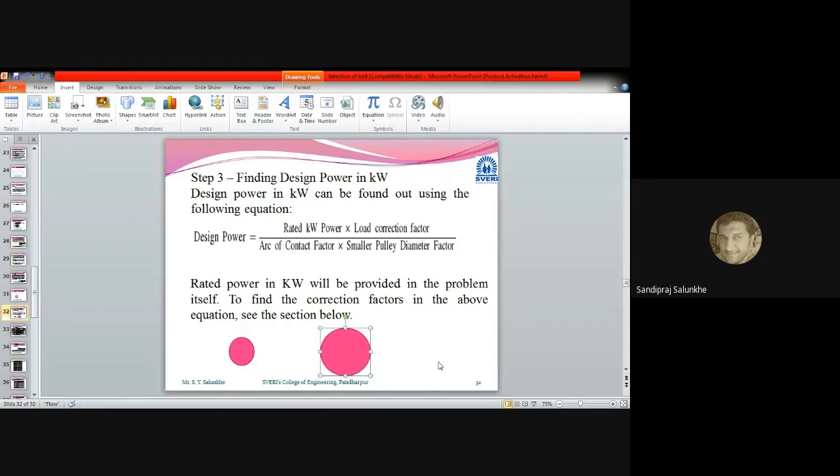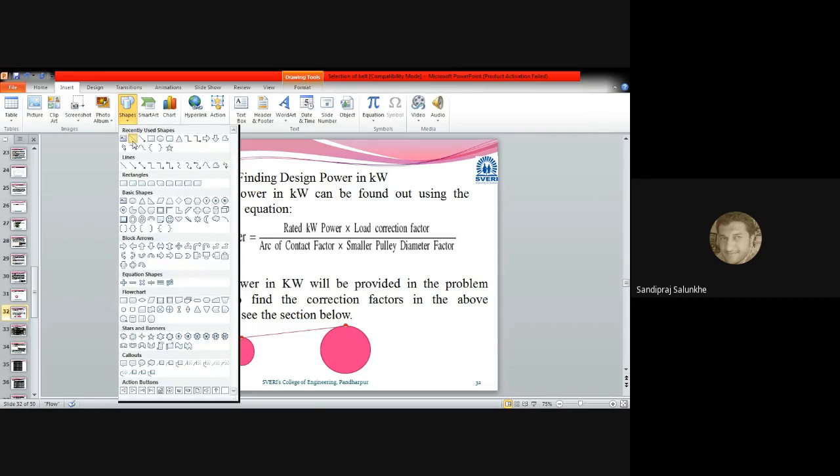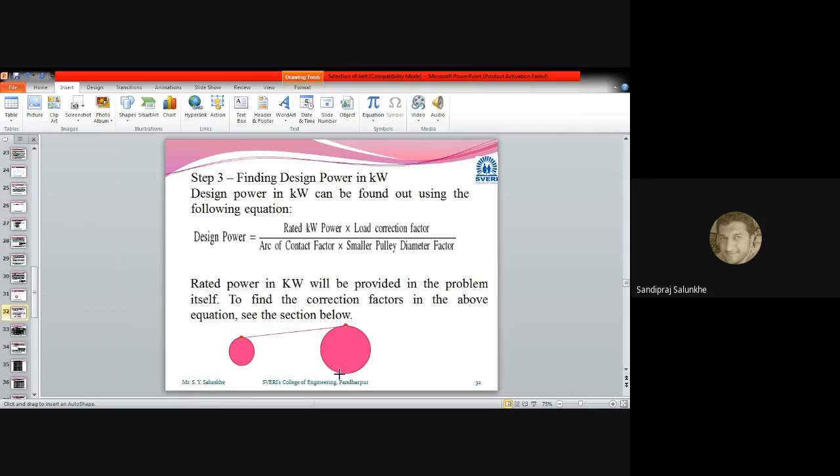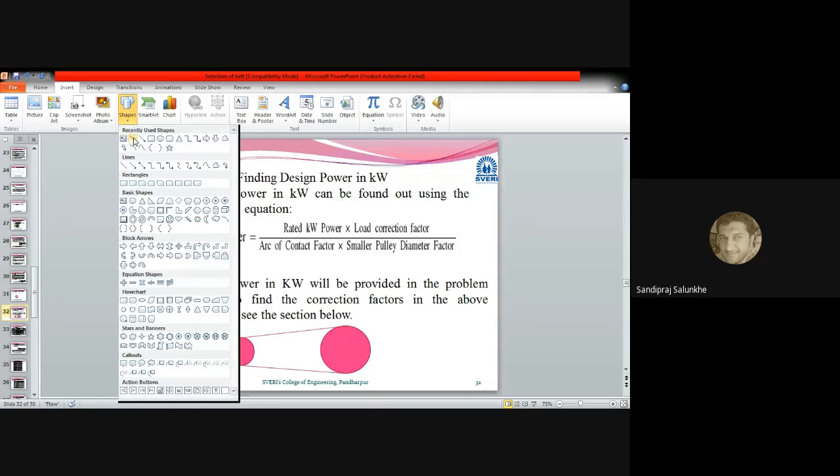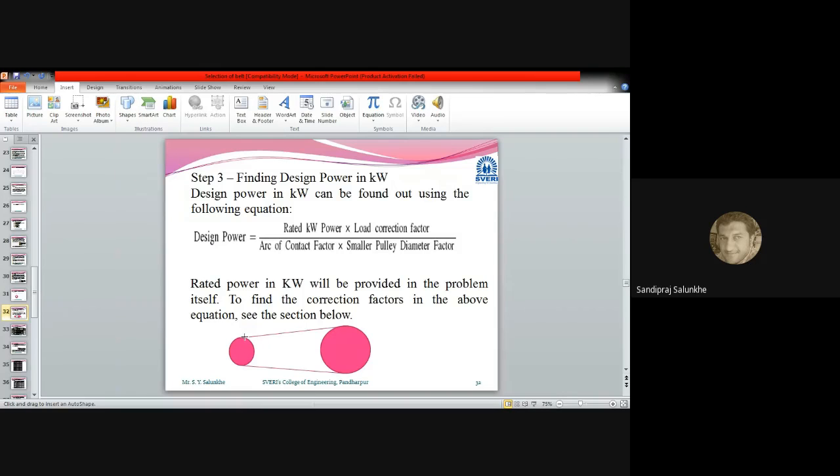Suppose these are the two pulleys, and we are going to have this belt drive. In this case, the arc of contact for the smaller pulley will be from the point where that belt is in contact with the pulley.